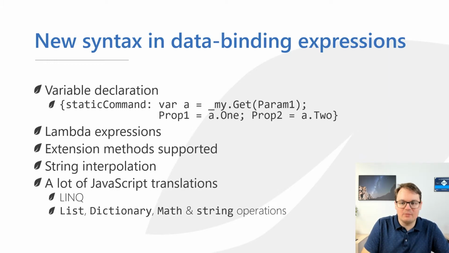Now it will be able to translate them. So there are a lot of operations on lists. You can add things to lists on the client side. There is support for dictionary, so you can read or update dictionary entries, and you can use math and string functions also. So it's quite useful.